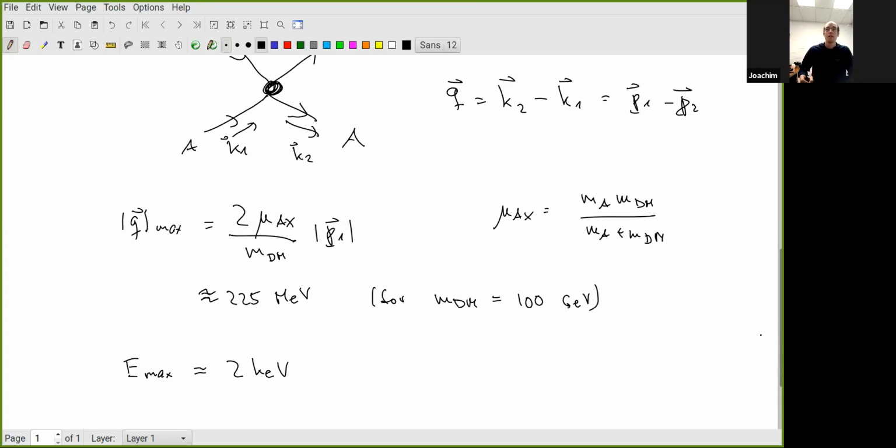And the reason I'm discussing this is that it allows us to make some approximations: to take the scattering process as non-relativistic and to recognize that these energies and momenta are very small compared to the other scales in the problem, say the dark matter mass and the mass of the nucleus. So we will be able to expand in ratios of these scales.